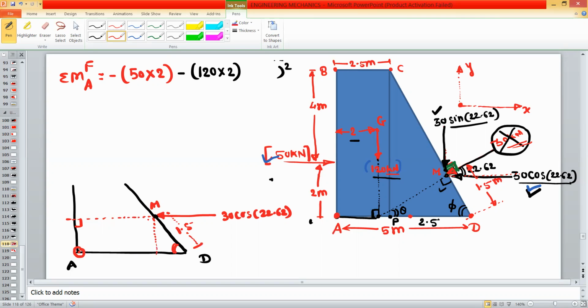Okay, so this distance is equal to 1.5. This is a diagonal in this right angle triangle. Okay, and this is the opposite side. So 1.5 sine angle phi. Okay, so what is the phi? So I think it is 67.